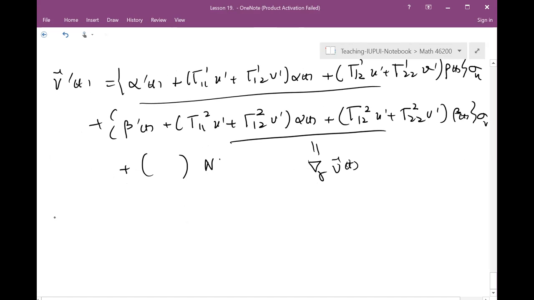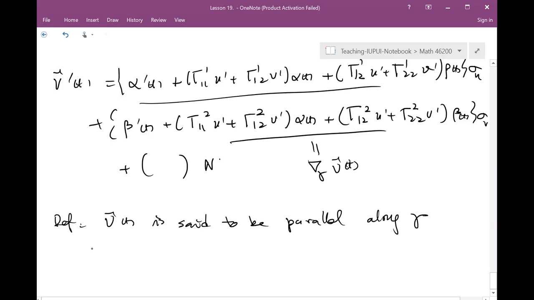So here's our definition. V of t is said to be parallel along gamma if the derivative is identically equal to 0. So in the local coordinate, using the surface patch, you get two equations, a system of partial differential equations.